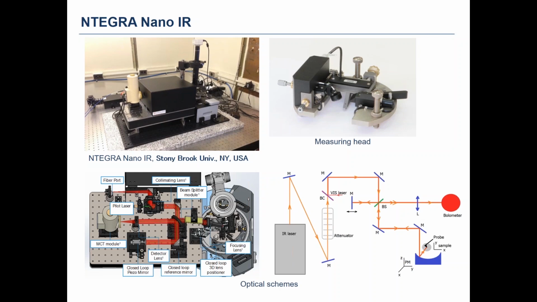Okay. You showed several images in your presentation, and there is a question: what is the physical meaning of amplitude and phase signals in s-SNOM mode? Well, this is the amplitude and the optical phase of the backscattered light, and these two components correspond to the dielectric permittivity of the sample.